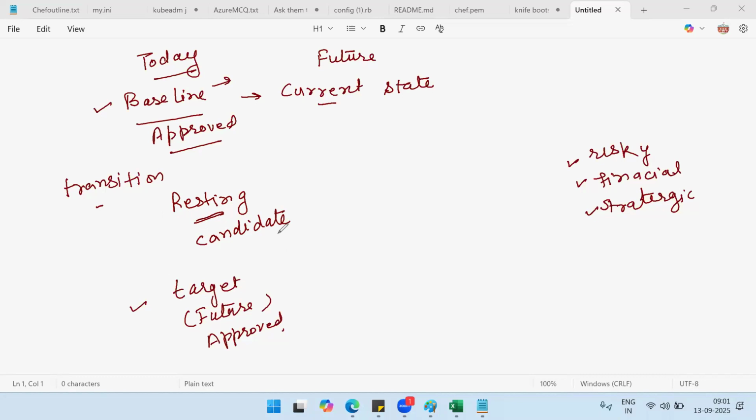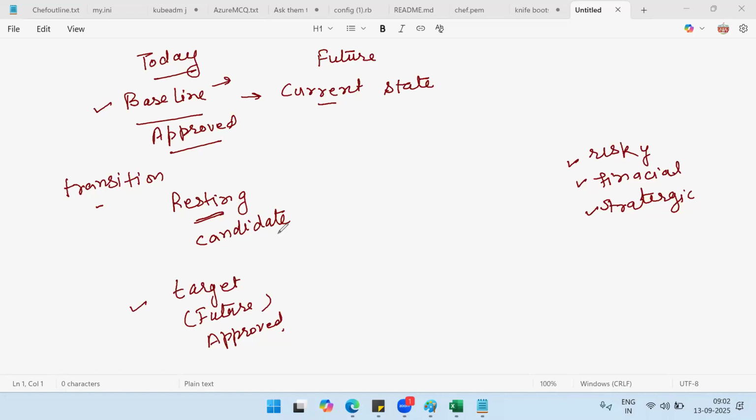For example, you are proposing one solution. There is a baseline architecture, there is a target architecture, but you are proposing something which is for the betterment of your project. For example, you are saying we will apply this security policy, but that is not a requirement at this moment.